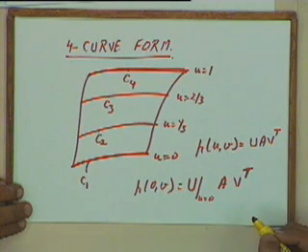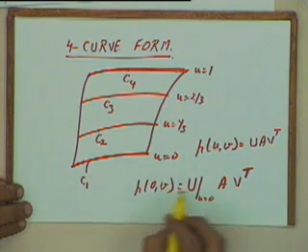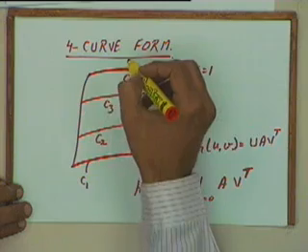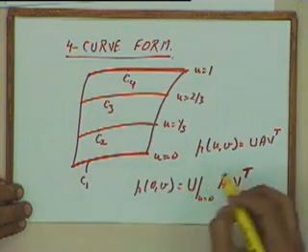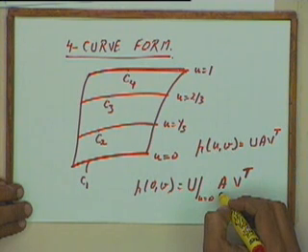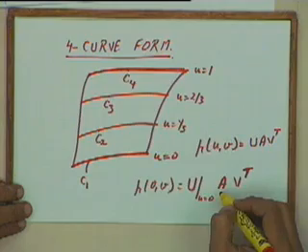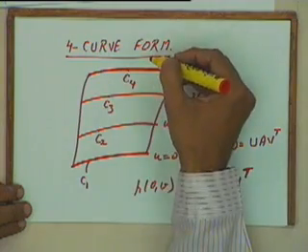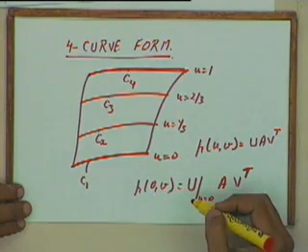If this curve is given, similarly if the other curves are given, we will get a set of simultaneous equations and we can get expressions for A using that. So if we are given 4 curves, then an expression for A can be derived from those 4 curves also.